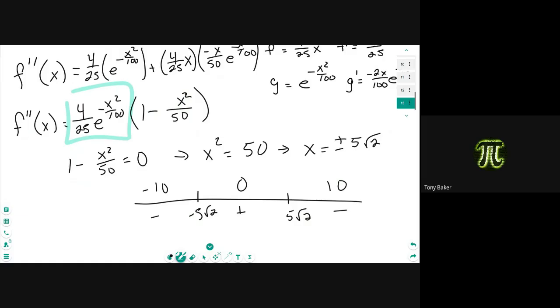We do need to find the actual answer for 5 square root of 2 for the original problem at those points. And of course, it comes out to be a messy number.